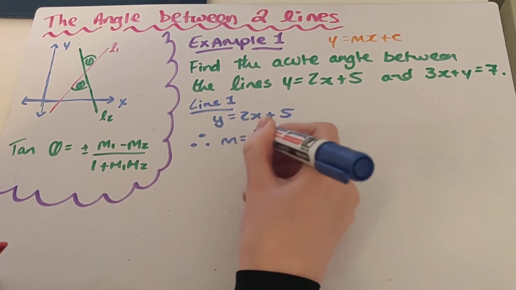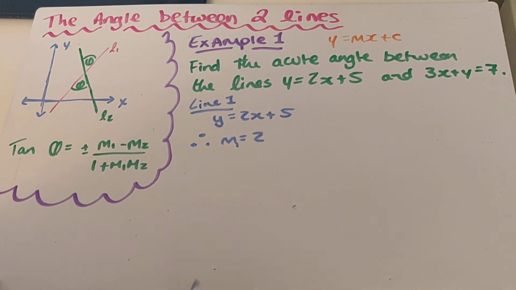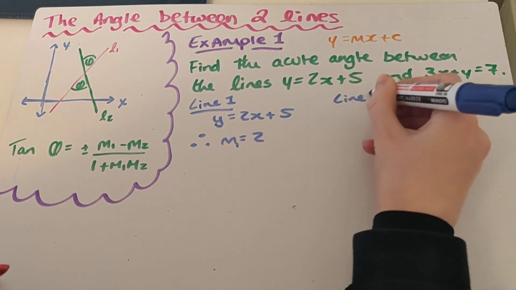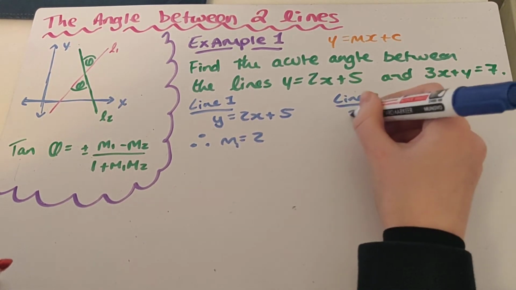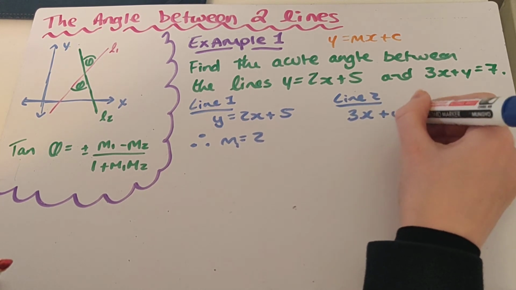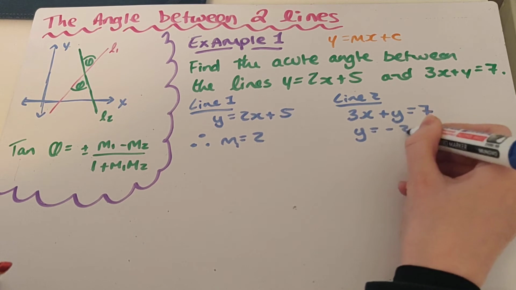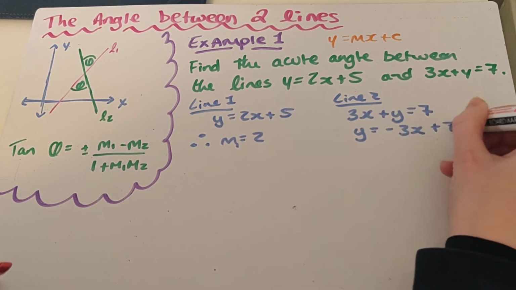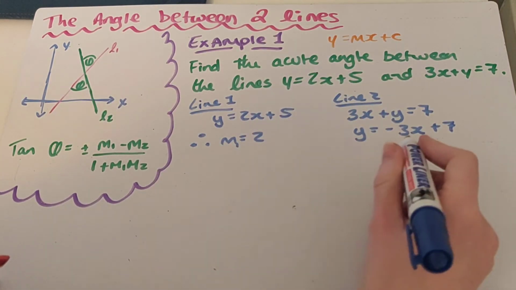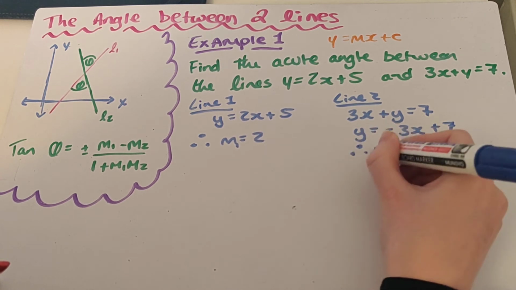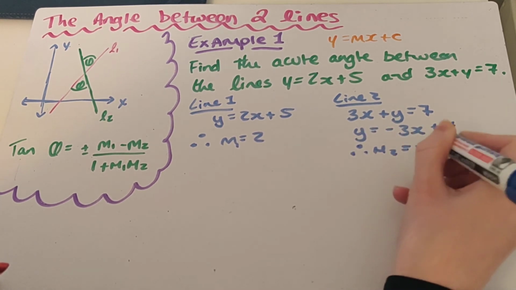So therefore m1 is equal to 2. However, in line 2 here, I can see that my y value is not isolated. So I need to bring my 3x over. So I get y is equal to minus 3x plus 7. So again, my slope is the number in front of my x value. So therefore, m2 is equal to minus 3.